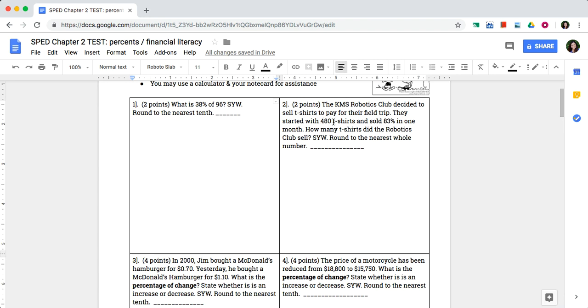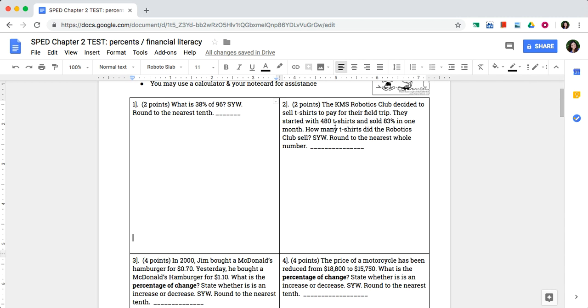You're trying to figure out how much they sold. So if they sold 83% of the total, and they started with 480, use one of the things that you've done to figure out how much they have sold.